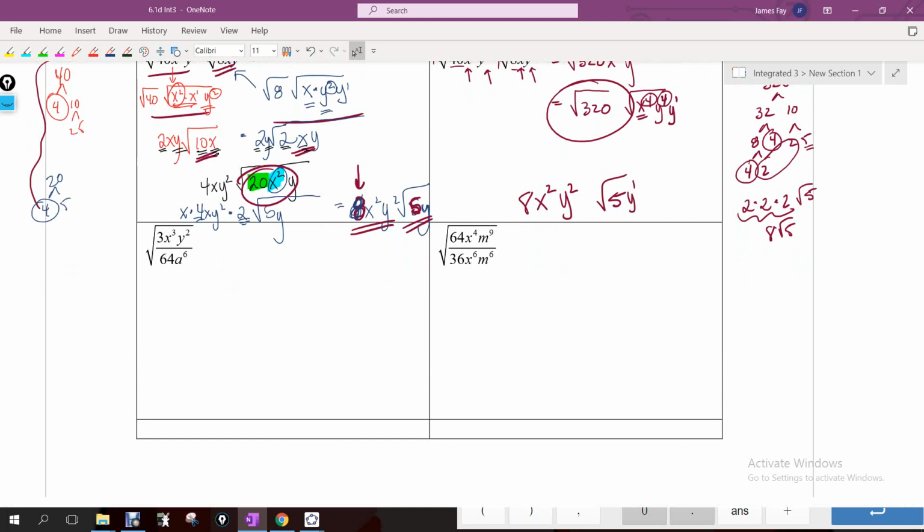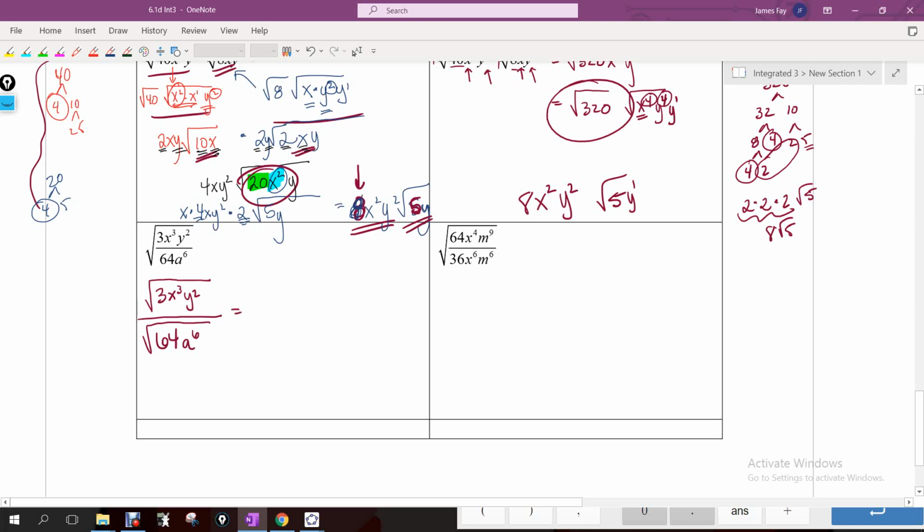These next two are similar, just incorporating now one more of our radical rules, that in this case was division. And all this is saying then is if I want to do this, we can separate them. So the numerator becomes 3x cubed y squared. The denominator, root 64a to the sixth.